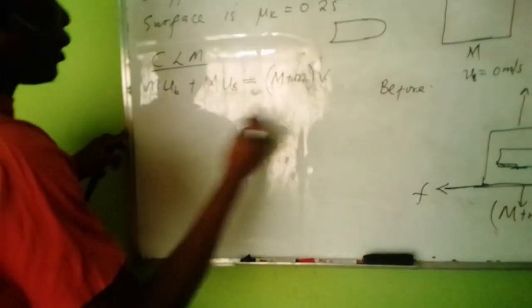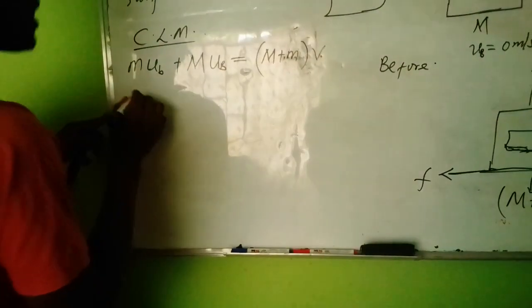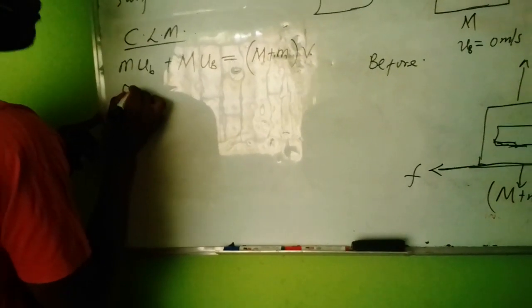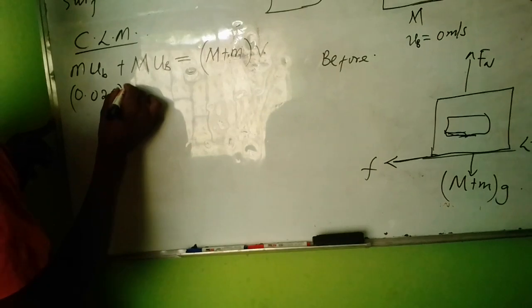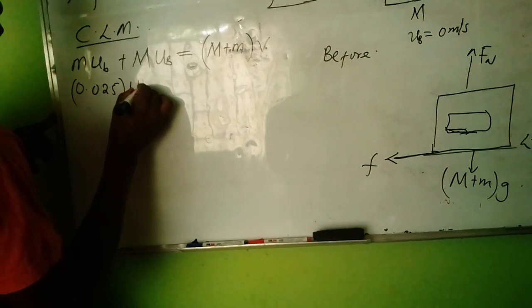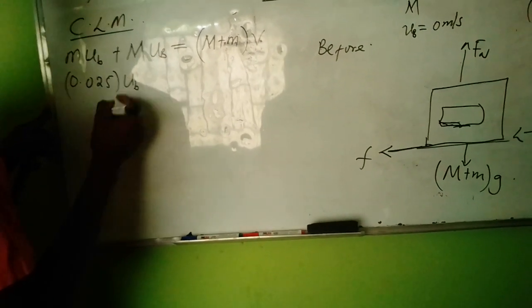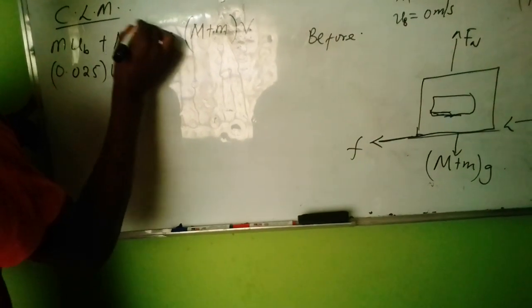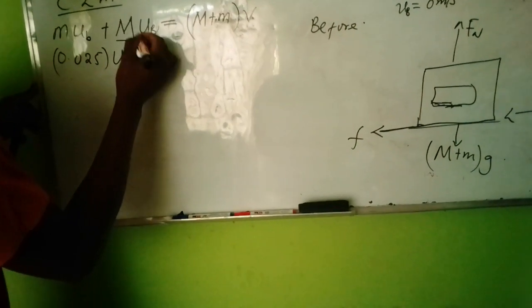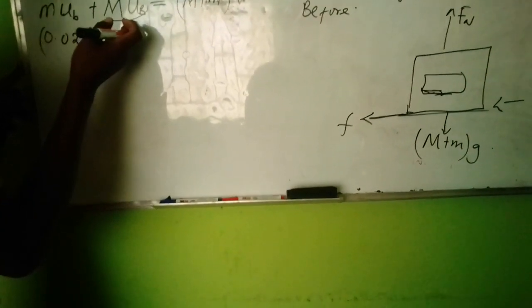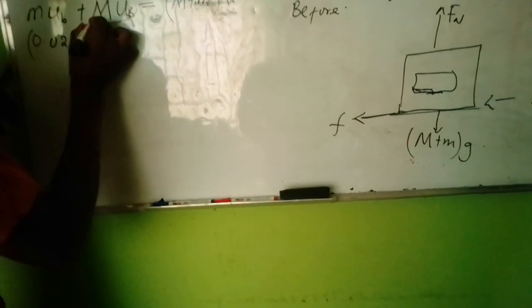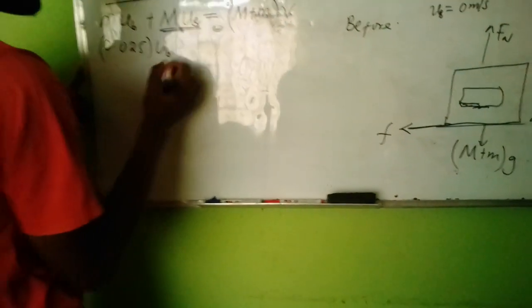Now, a bullet is the one that was moving, and the mass of the bullet is 0.025 kg, multiplying by ub, which we want to find also. Now, this was at rest. Okay, this was at rest, so it's not moving, so it's 0. So we don't have momentum, initial momentum for this.